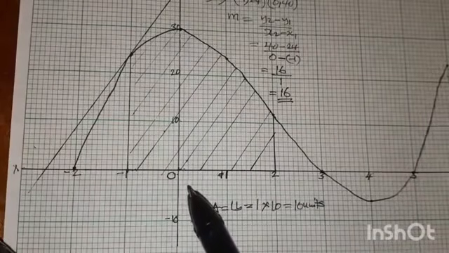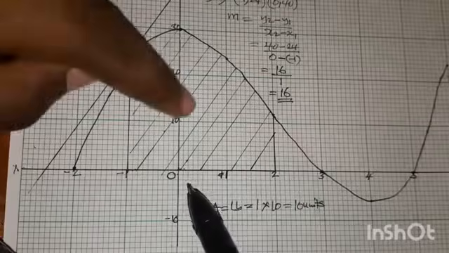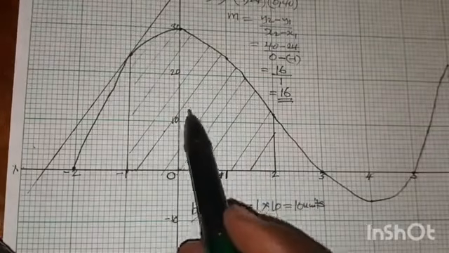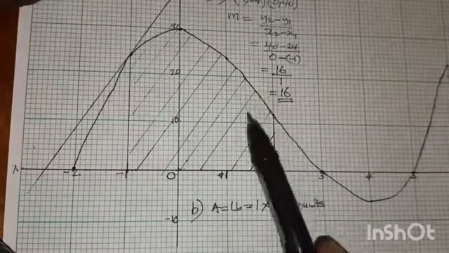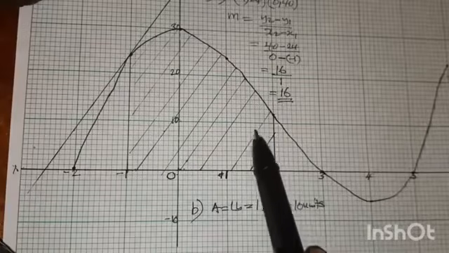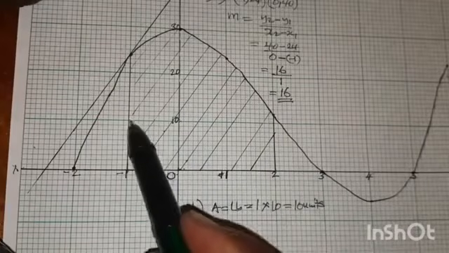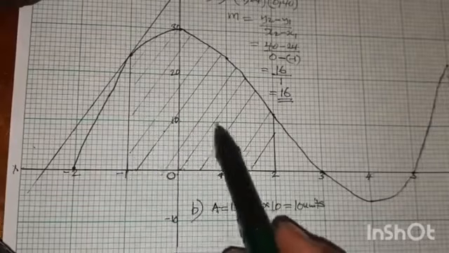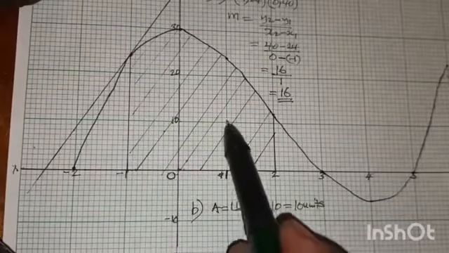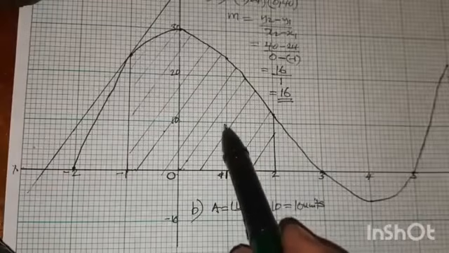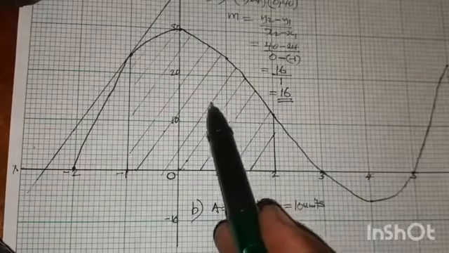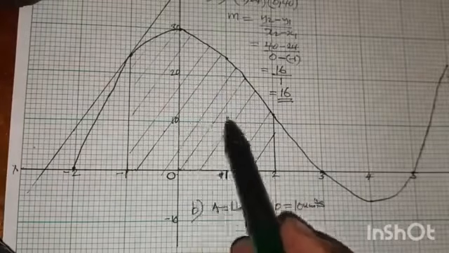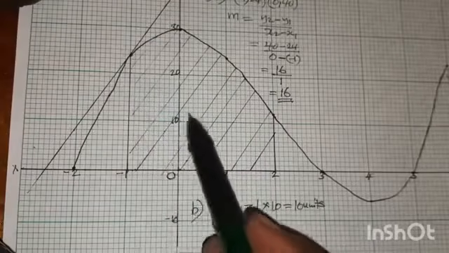For us to find the area of the full region, first of all, we are going to count the number of full squares. So let's start from here. We have 1, this is a full one, then 2, 3, this is half, then 4, and 5.